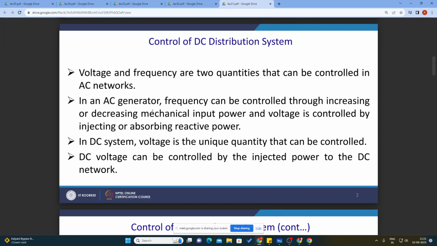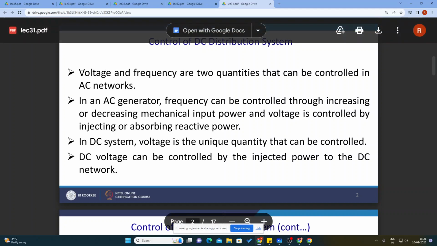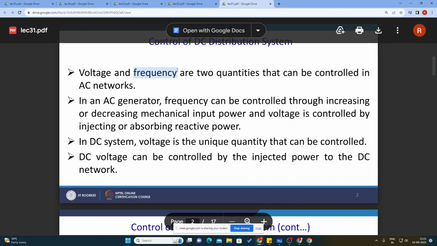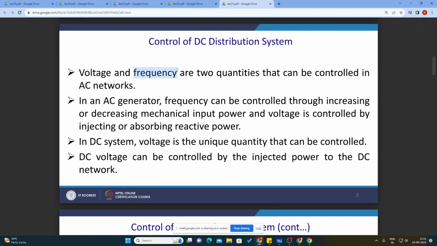So in an AC system, what we have are two fundamental quantities, actually three quantities, but the third quantity can be controlled based on these other two quantities, which are the voltage and the frequency, right? So this frequency is absent in case of DC networks. Now in case of an AC generator, the frequency is mainly controlled by increasing or reducing the mechanical input power, and the voltage is controlled by injecting or absorbing the reactive power.